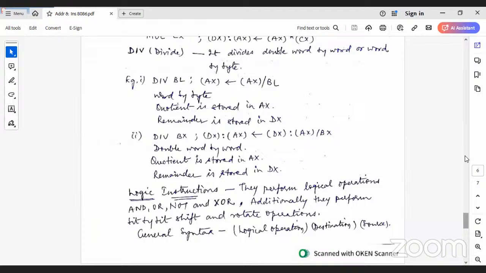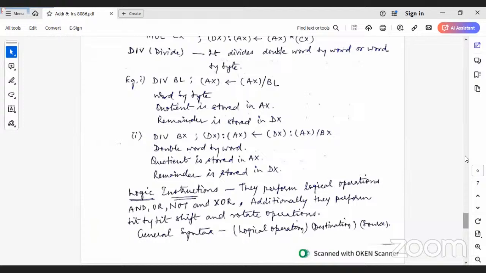So when you say double word by word, it means the numerator is a double word and the denominator is a single word. Similarly, when you say DIV BL, word by byte means the numerator is a word, 2 bytes, and the denominator is a single byte. Clear, ma'am.